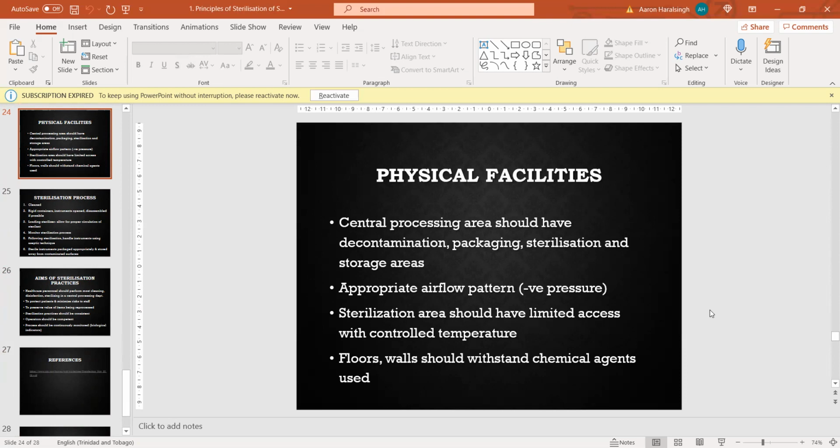So when an instrument goes for sterilization, those are the 4 steps that need to be undertaken: decontamination, packaging, sterilization, and then storage. The areas must have appropriate airflow pattern, that is negative pressure. So air should be pushed in and sucked out. The sterilization area itself should be a limited access area with a controlled temperature, and the floors and walls of the area should be able to withstand any of the chemical agents being used.